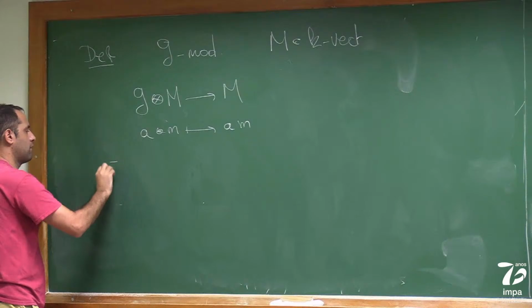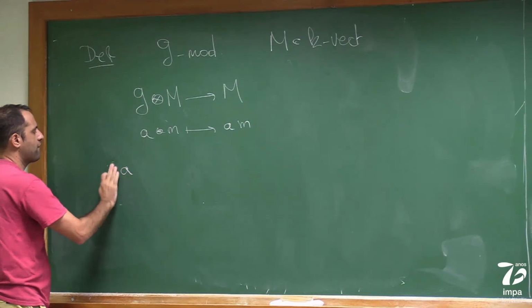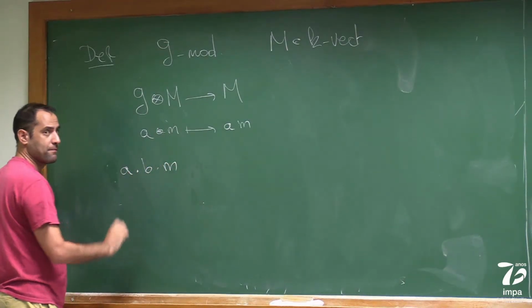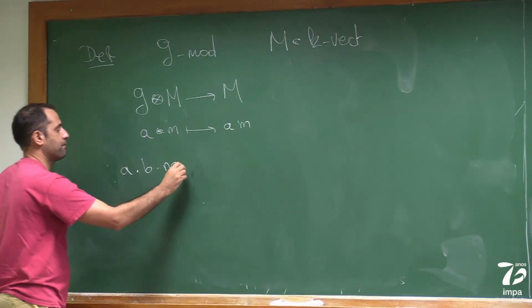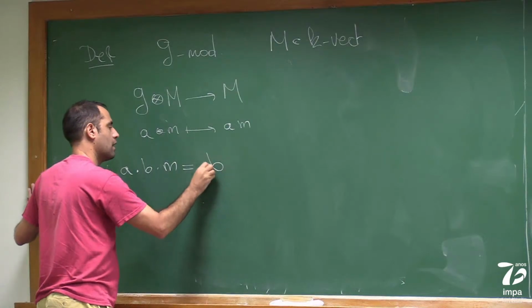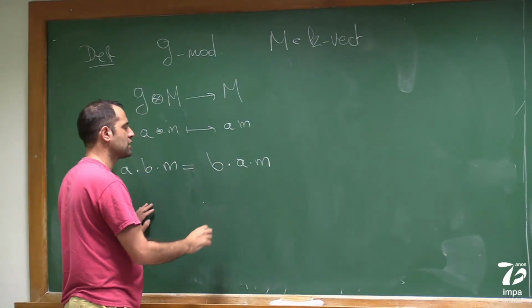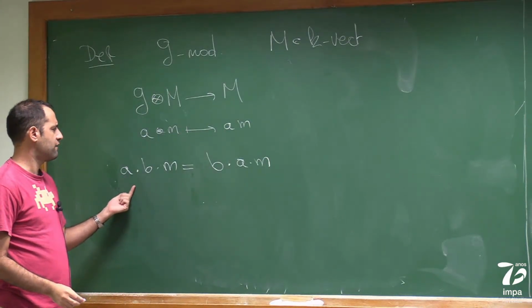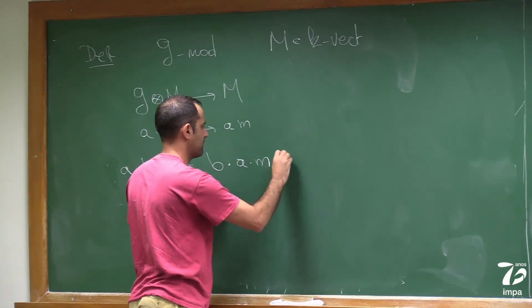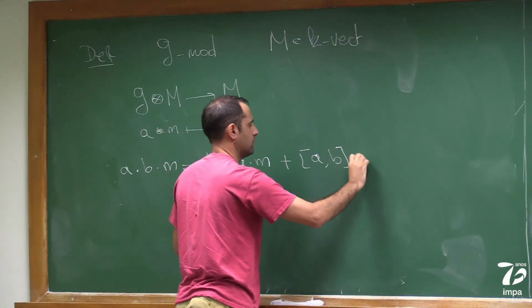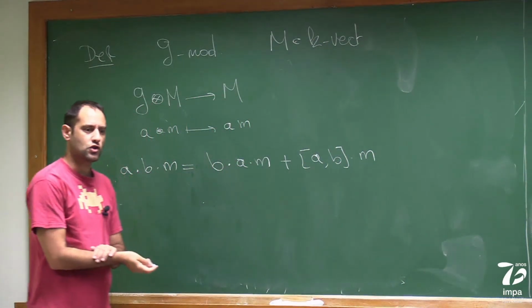satisfying the following condition. If you have A and you have B and you have M, you can act this way, and this could be the same thing as A acting on B acting on M, so that would be more or less like, well, let me write it. So that's the condition.